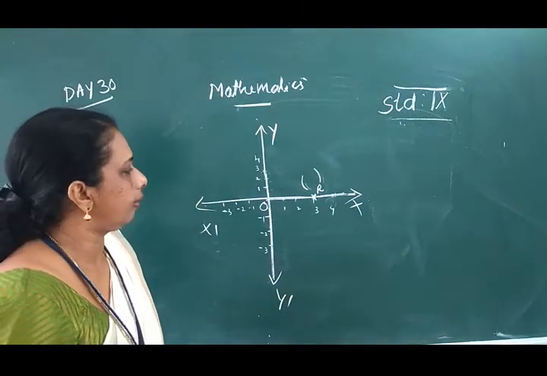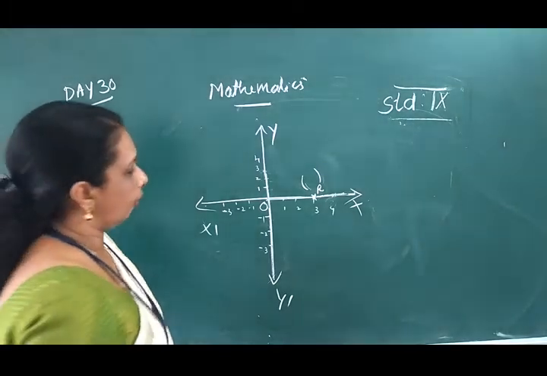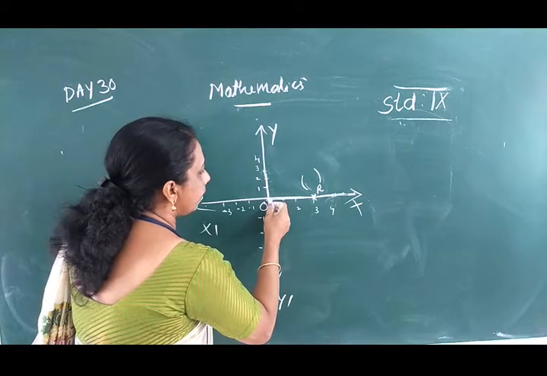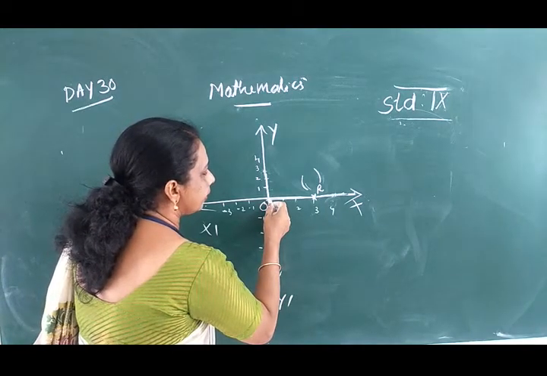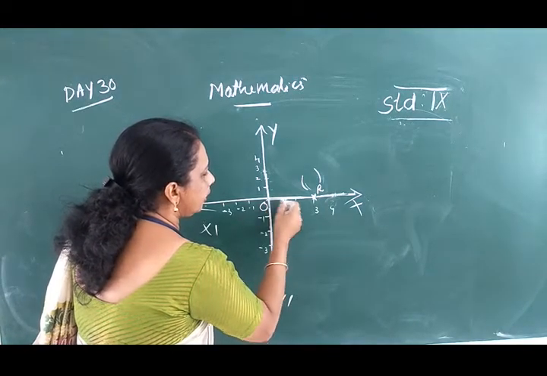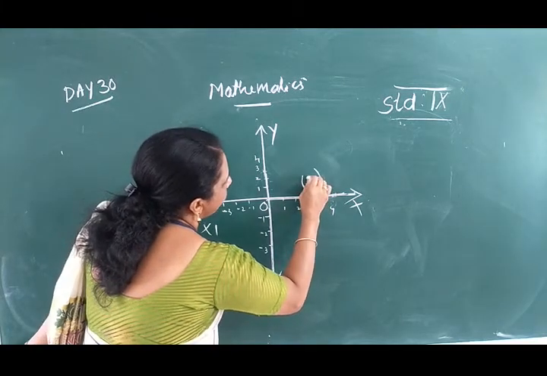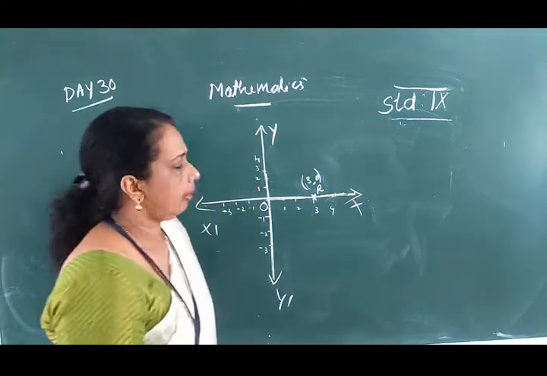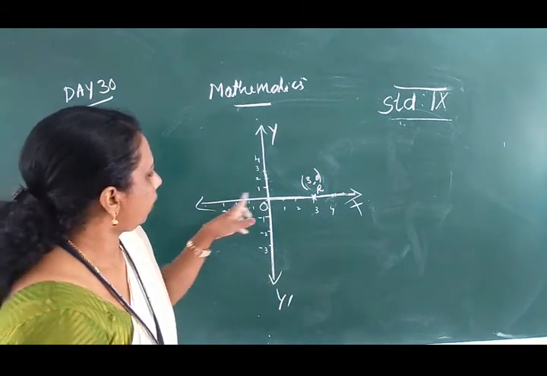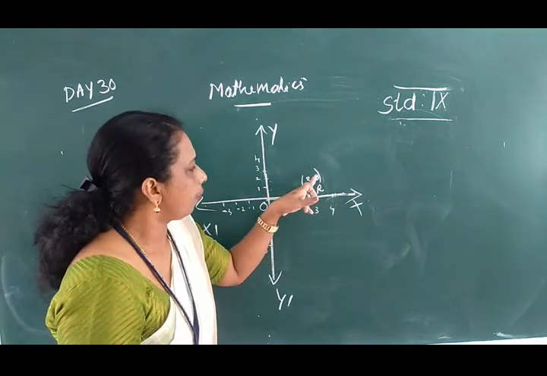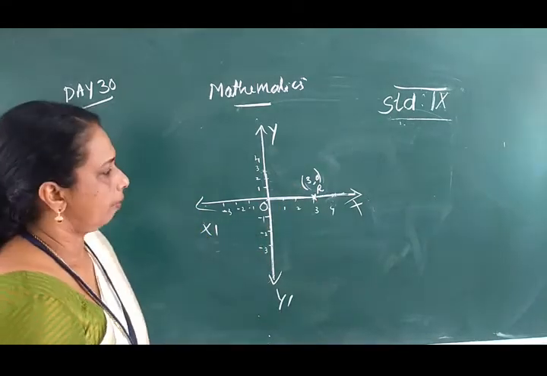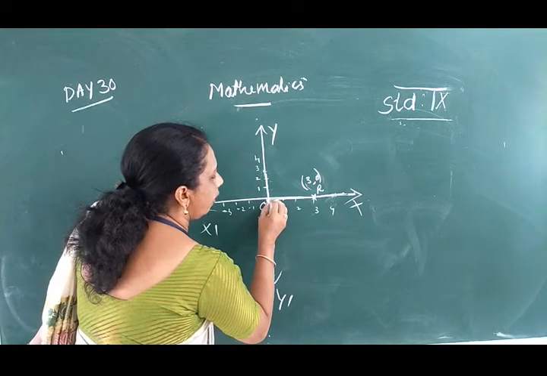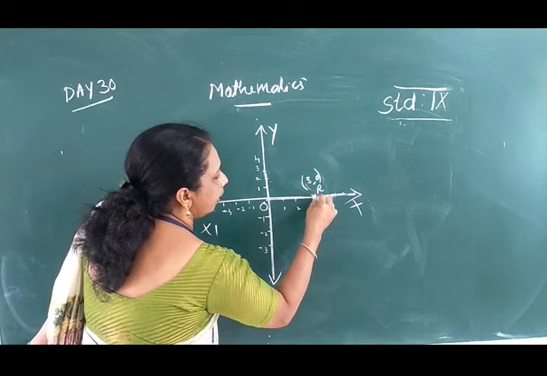A point on the x-axis has y-coordinate 0. This point is 3, 0. A point on the x-axis has y-coordinate 0 because its x-coordinate is its perpendicular distance from the y-axis, that is 3.